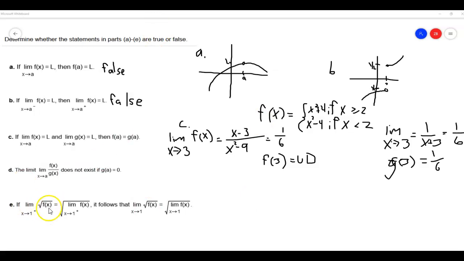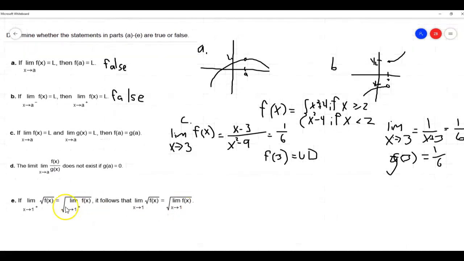So what function can we put in here that when we plug a 1 in it, it's going to bring us down to 0? And that's going to actually be an x minus 1. So if we put an x minus 1 in here, then the limit, let me write that down here.